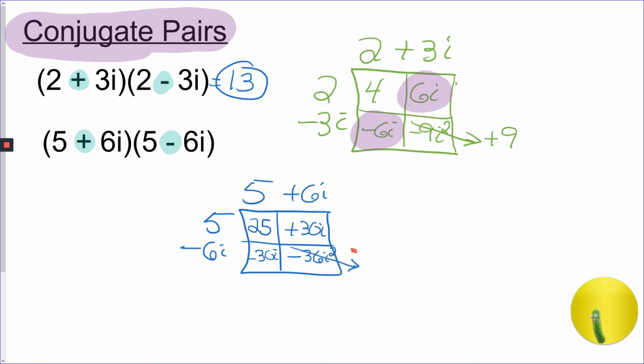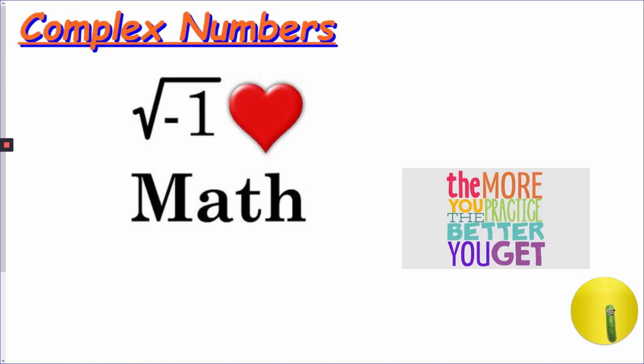This turns into negative 36 times negative 1, which is positive 36. Again, on the conjugate pairs, the imaginary parts just cancel out every time, and all we're going to get is the real part. And on the real part, we're going to get 25 and 36, which is 61. Cool? That is us putting together complex numbers.